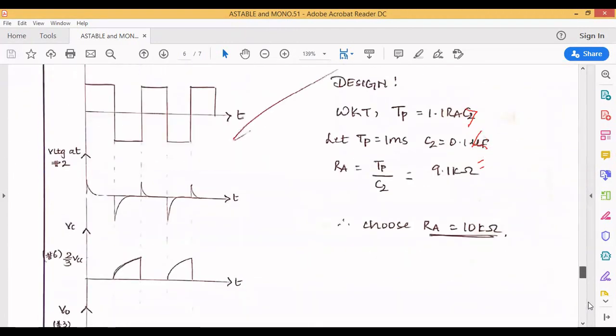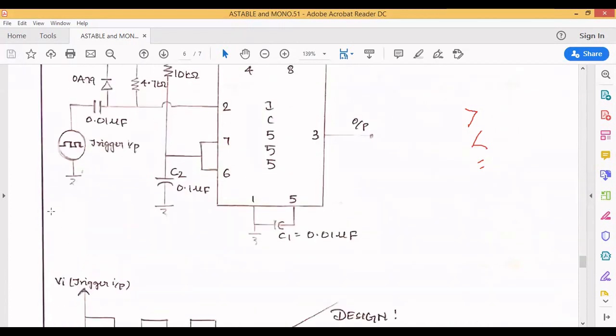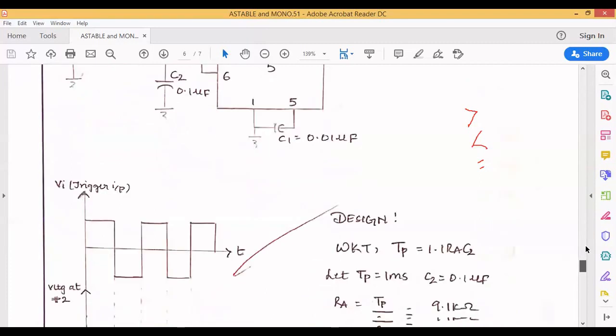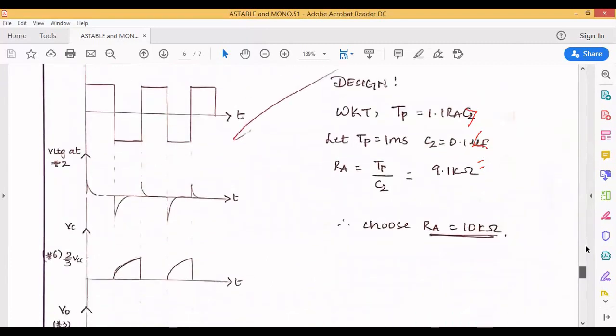As I already told, by changing the value of the frequency in the function generator, as you change the frequency, your desired output, greater than, equal to, or less than 50% duty cycle, will be achieved as shown in the figure.